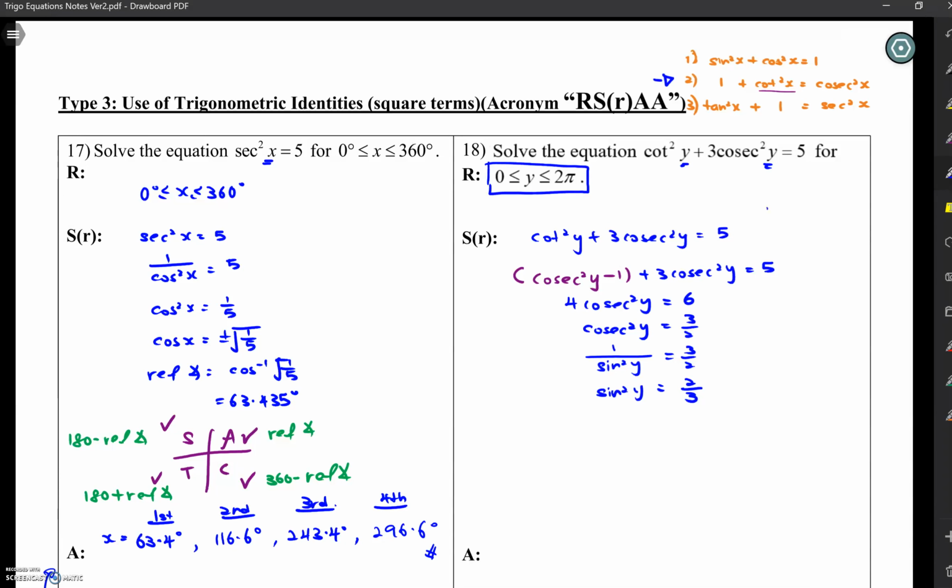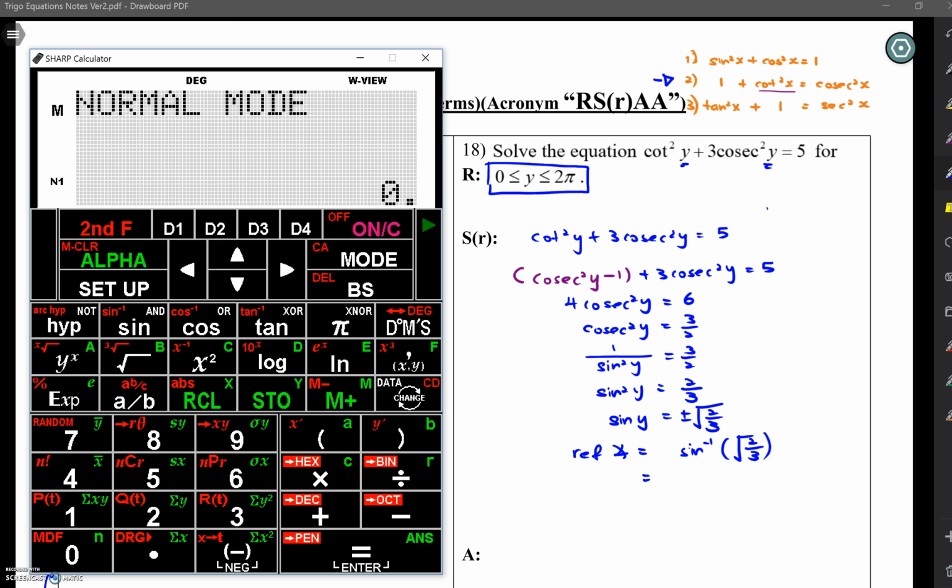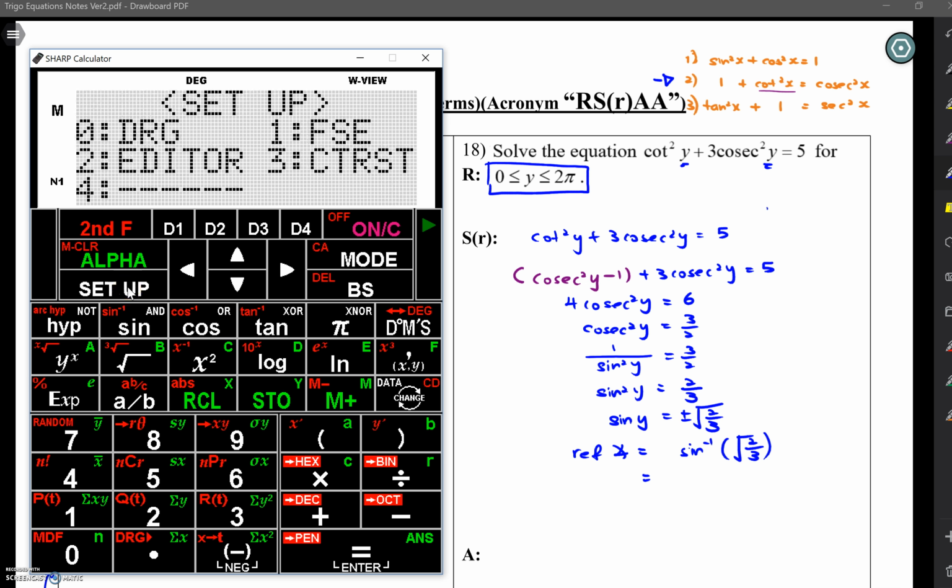Okay, more or less I'm there. So I can finally find my reference angle here. The reference angle is just equal to sine inverse square root 2 over 3. Do remember, here my range is in terms of pi, which means my calculator must be set to radian mode. So I'll press setup 0 and go into radian mode.